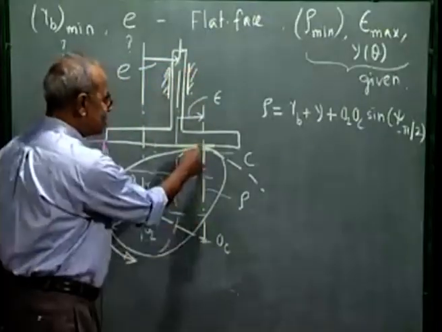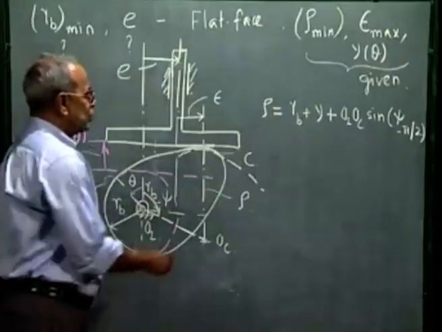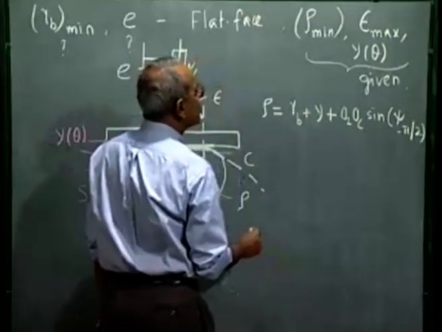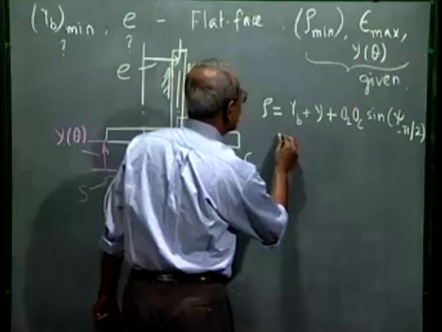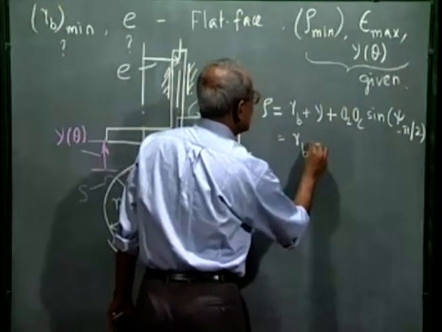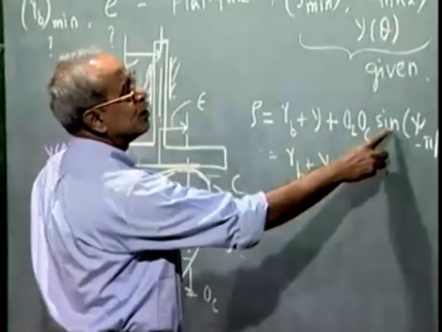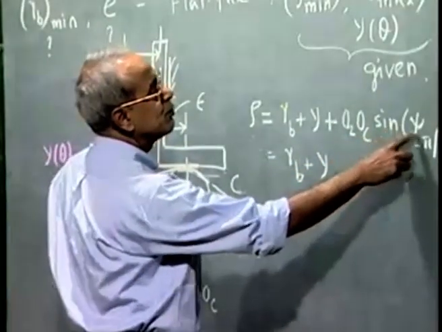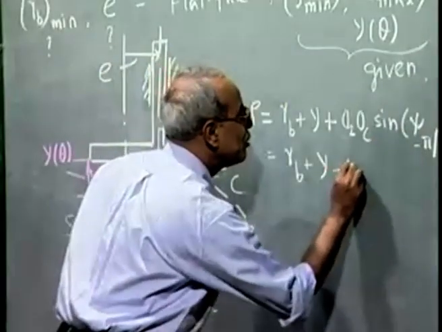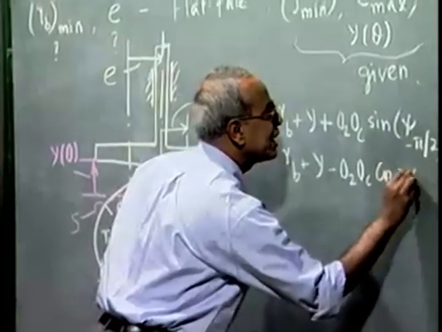So if I differentiate with respect to t, let me first simplify it. I can write RB plus Y, this is minus sine of pi by 2 minus psi, so that is O2OC cosine of psi.